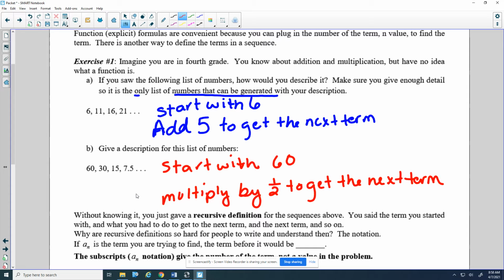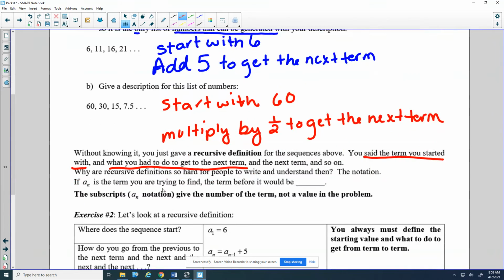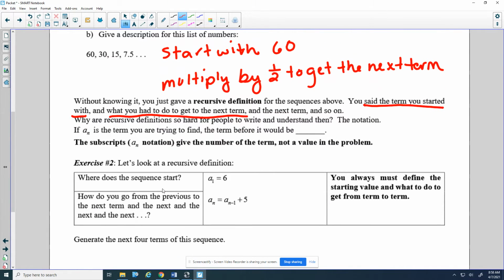So basically what you've just done is made something called a recursive definition. To make a recursive definition, you say the term you start with and what you had to do to get to the next term and the next term and so on. In some ways, recursive definitions are more natural. Anyone can come up with that and not really have to know a lot about math or notation.